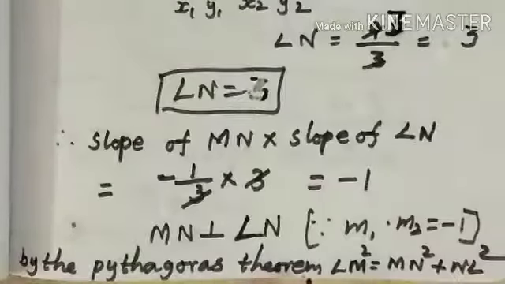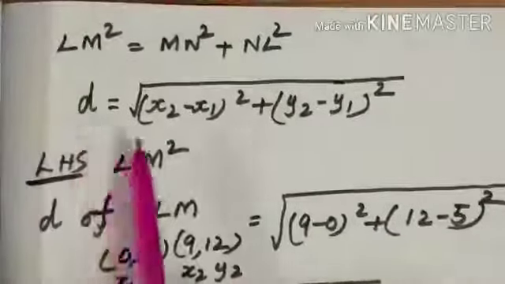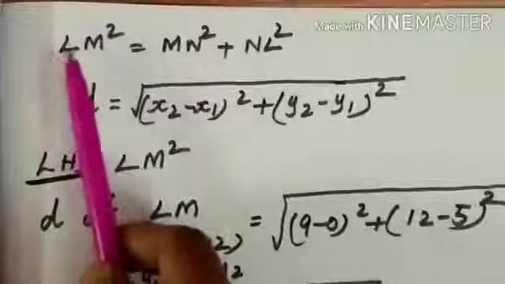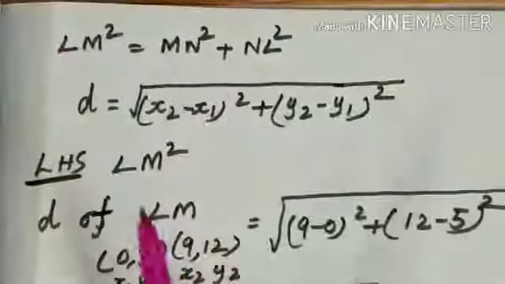By the Pythagoras theorem, square of hypotenuse is equal to sum of square of other two sides, that is LM squared is equal to MN squared plus NL squared. By using distance formula, we have to find the distance of each side of a triangle.